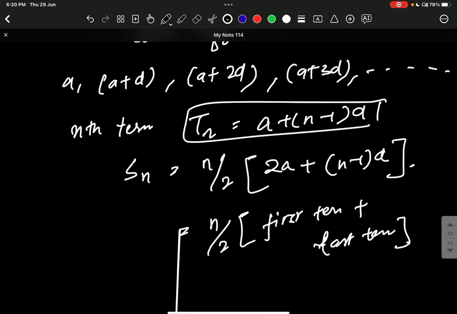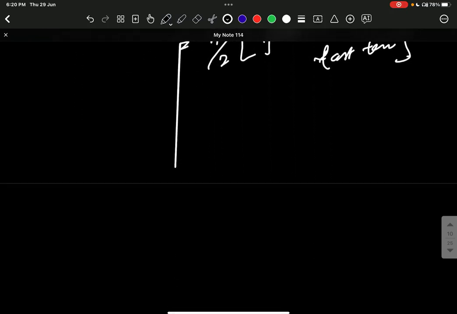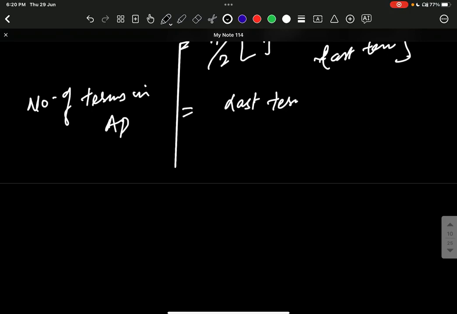Yes or no? Then if you have to calculate the number of terms in AP, that is being calculated as the last term minus the first term divided by the common difference plus 1.